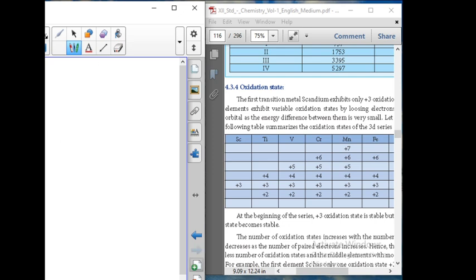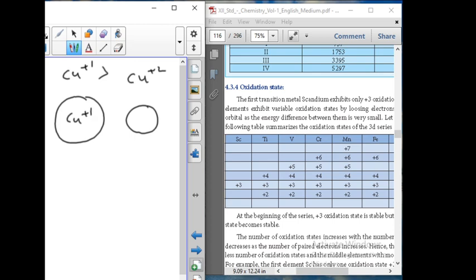Let me simply explain what the solvent effect is. I am taking copper +1 and copper +2 and comparing the size. Copper +1 is bigger than copper +2; copper +2 is small in size. If the size is small, the hydration energy is higher, which means water molecules are attracted.